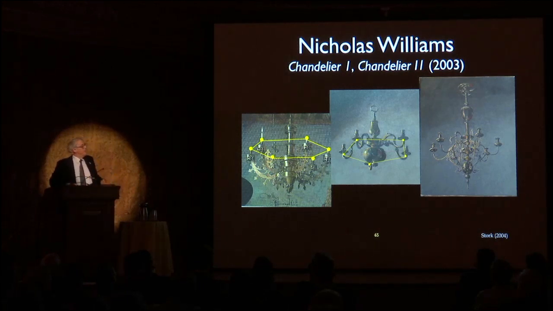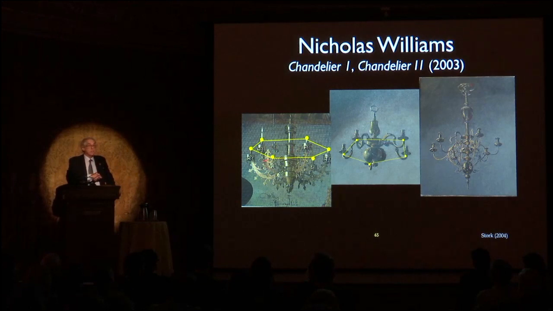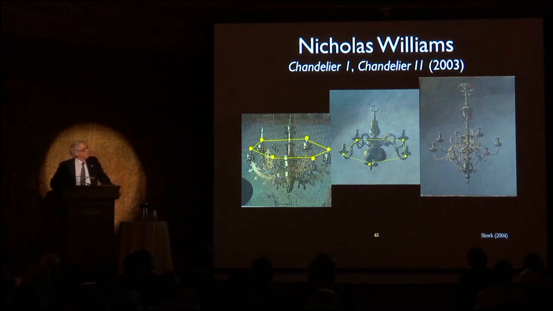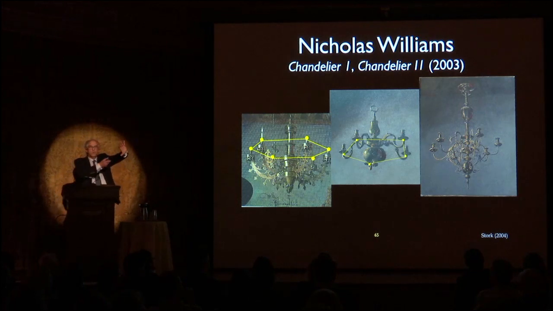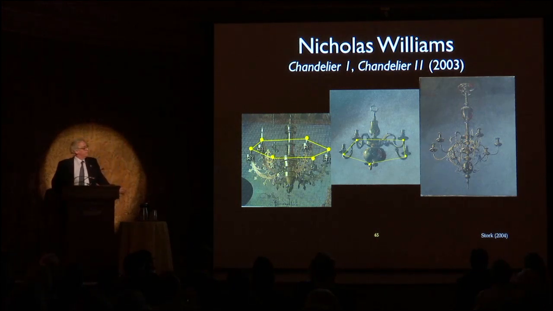You do a pentagon by Nicholas Williams, who lives in southern England, and it turns out it's in slightly better perspective than Van Eyck. In fact, the whole thing is in better perspective. And then he painted this really beautiful chandelier 2, entirely by eye, no projections, no rulers, nothing, just by eye. And it's in superb perspective, as I'll show you on the next slide.